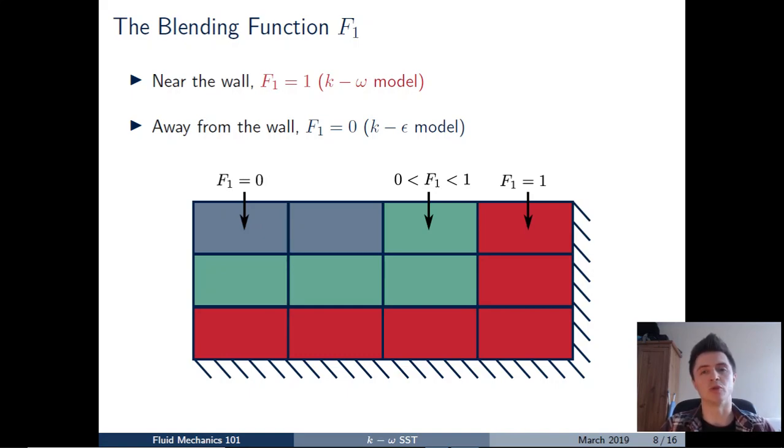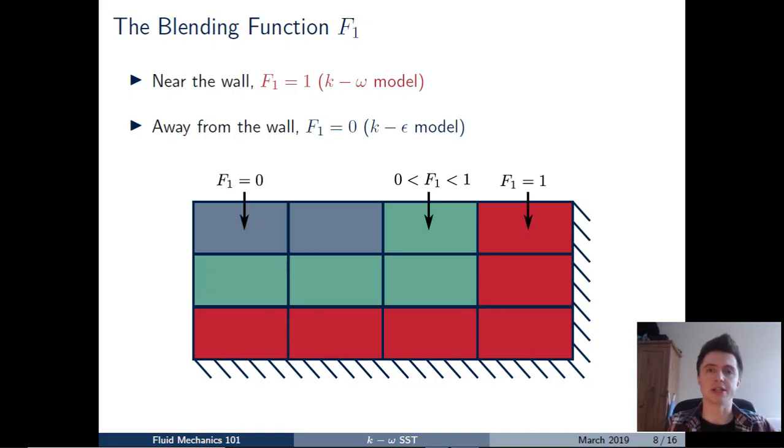With this treatment, we'll be solving the K omega model in the cells near the wall, and the K epsilon model in the cells far away from the wall. Of course, if we choose a smooth value for F1, so rather than a step function, perhaps some smooth algebraic function, then in those intermediate cells we'll be using a blend of the K epsilon and the K omega models, which will be fine using the setup we've used.